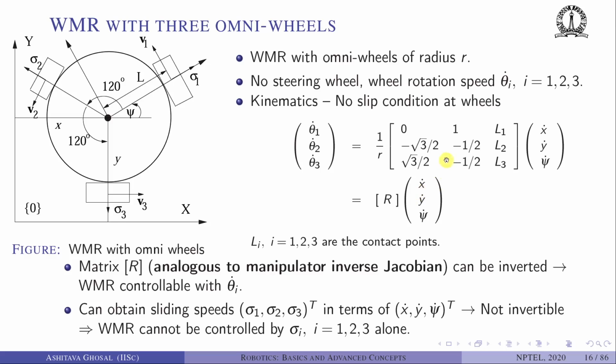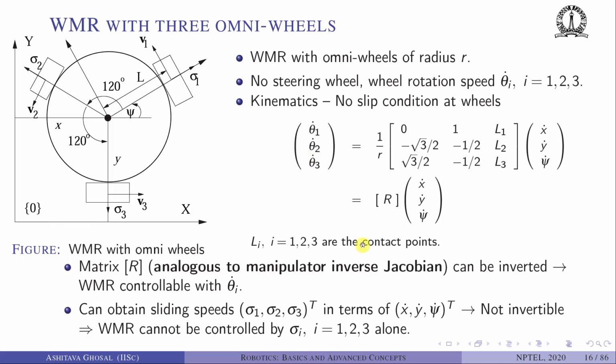So hence, if you want an x dot, y dot, psi dot, we can find out the theta dot and we can go backwards. We can obtain the theta dot for a desired x dot, y dot, psi dot, and we can also obtain x dot, y dot, psi dot as some R inverse theta dot.